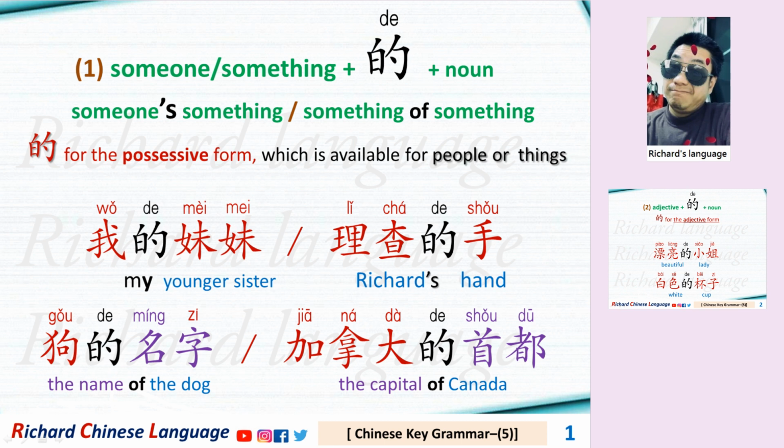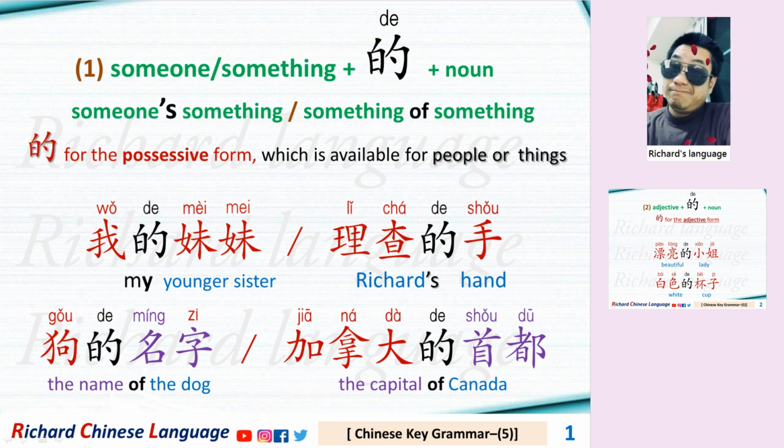You can use 的 in the possessive form for animals or things. For example, 狗的名字, the name of the dog. So here, 的 is the possessive form for the dog.